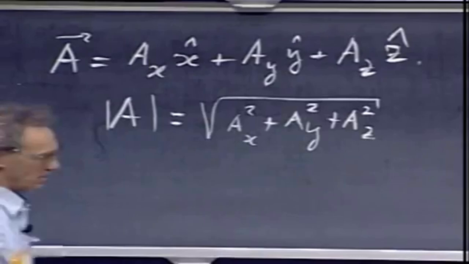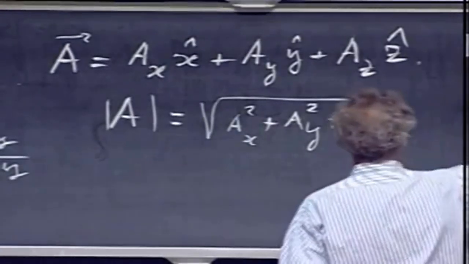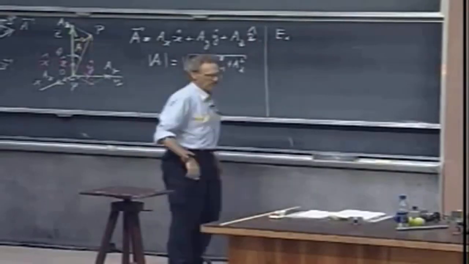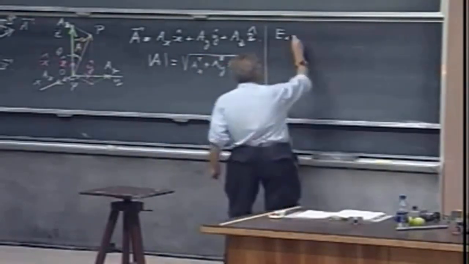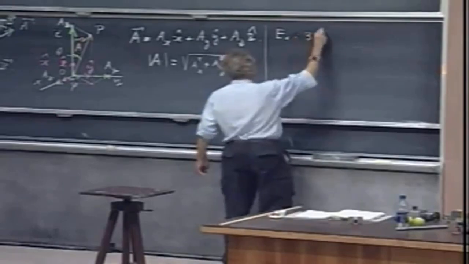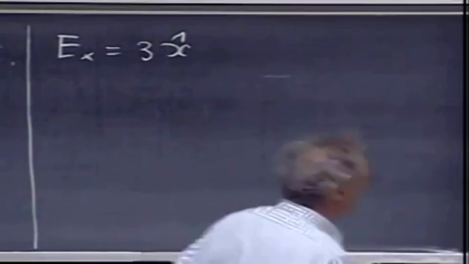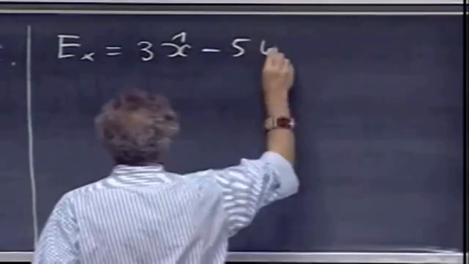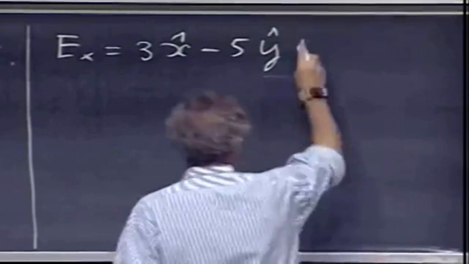And so we can take a simple example. For instance, I take a vector A. So this is just an example to see this in action. And we call A 3x roof minus 5y roof plus 6z roof.